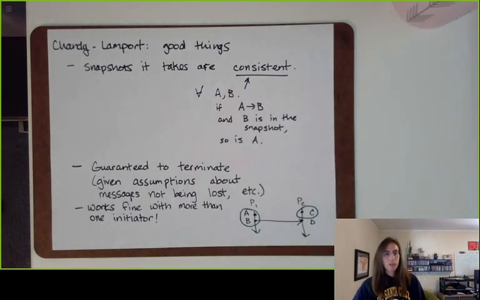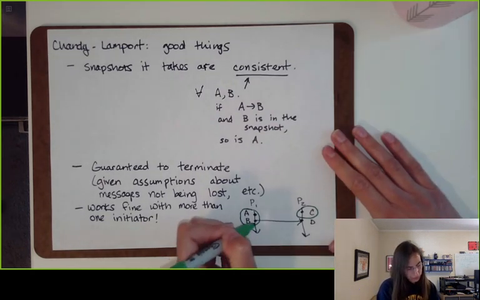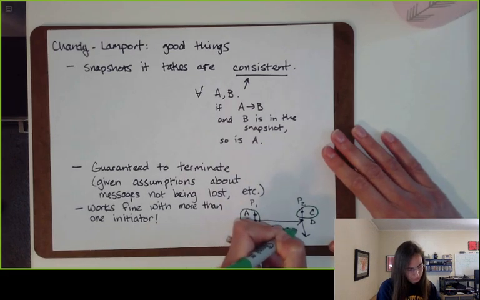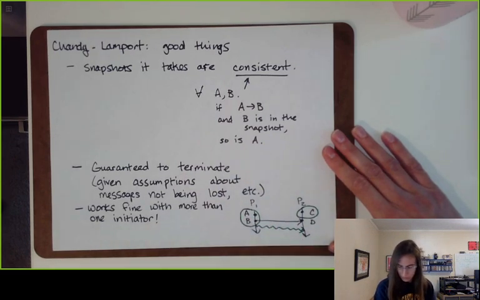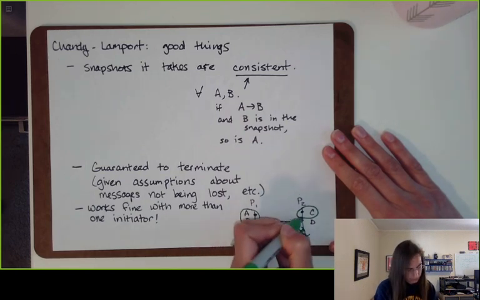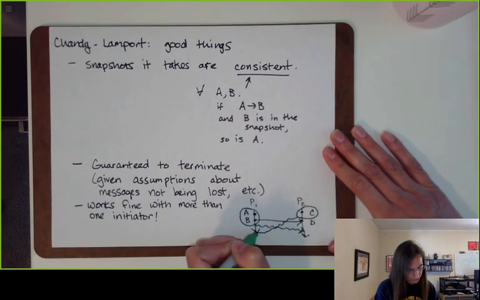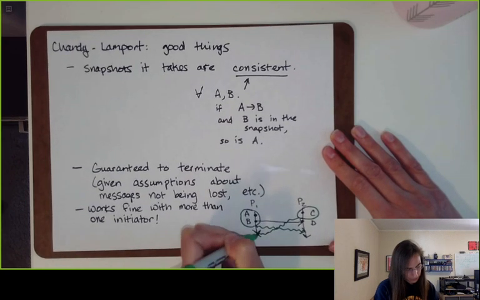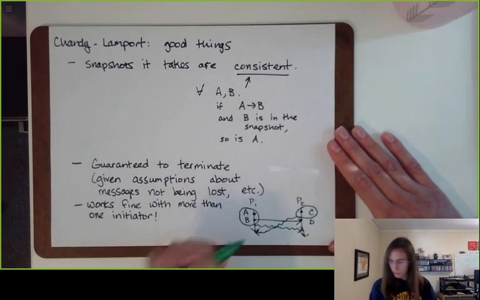Well, what do you do after you initiate a snapshot? Well, then you have to send markers, right? They have to send markers to each other. So P1's going to send its marker over, like that. And P2 is going to send its marker. My diagram's a little bit crowded here, but hopefully you get the idea.